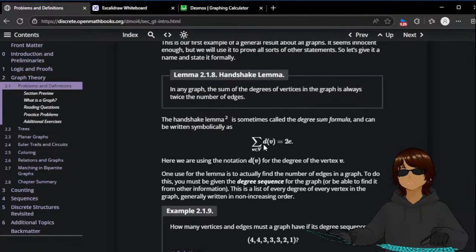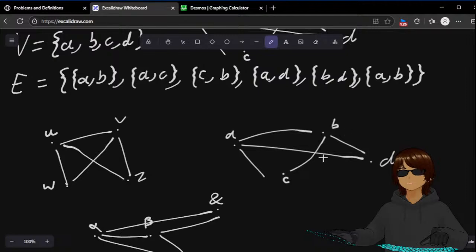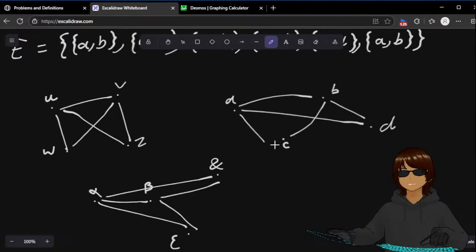Also, they said that the sum of the degrees of the vertices is twice the number of edges, and that makes sense if you take this graph. The degree of a vertex is how many edges are poking out of the vertex. So A has 1, 2, 3, C has 1, 2, B has 1, 2, 3, and D has 1, 2. But when we are counting the degrees, the edge coming out of A and the edge coming out of B is the same edge.